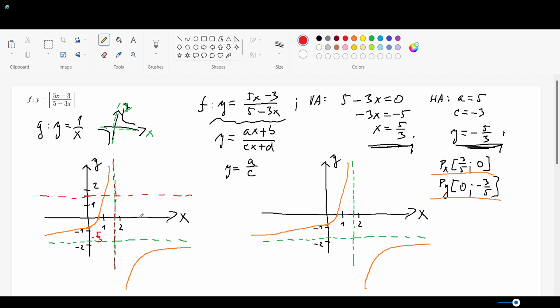What will happen is that this part of the graph will be flipped up, but you have to consider the orientation or how it will go. So basically, let me just use the purple, and I'll use a little bit thicker line. So this part of the graph will remain the same. Basically, you can help yourself by moving this point, which is -3/5, and flipping it to the upper part above the x-axis.